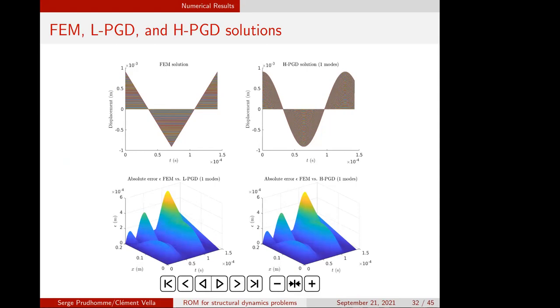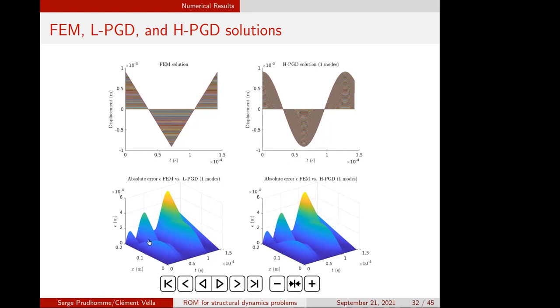So this is the finite element solution. This is the solution with HPGD. In this case, the Lagrangian formulation gives us more or less the same results as the PGD. What we would be able to observe here is the error between the exact solution, or the FEM solution, and the LPGD.